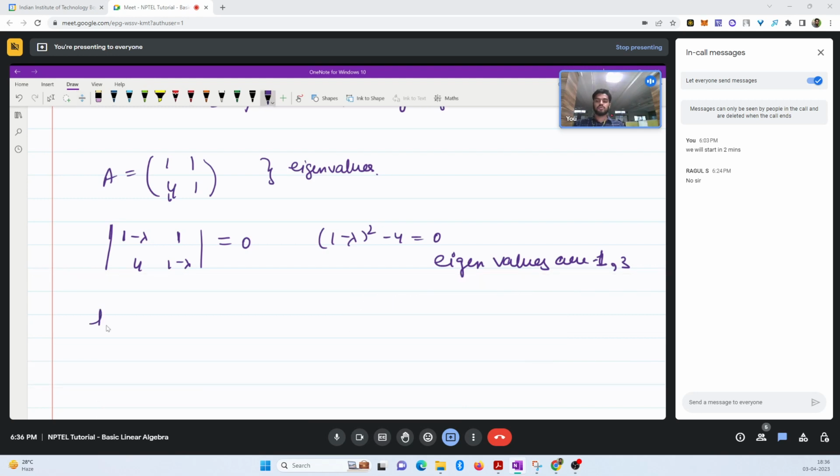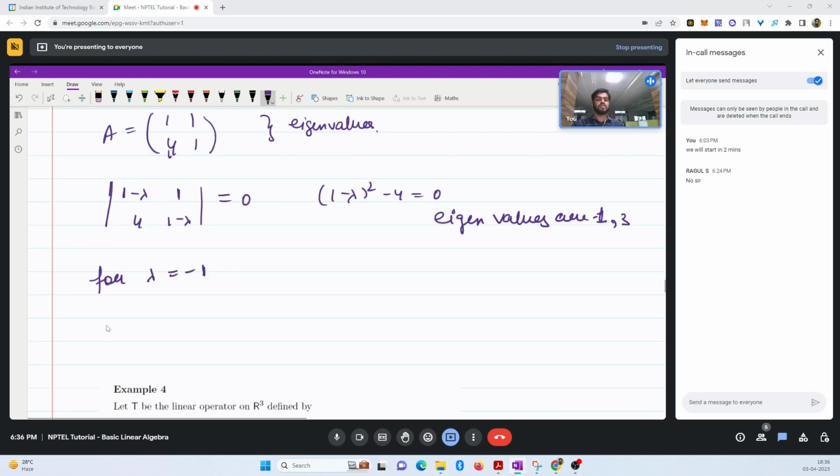So let's say we want to find the eigenvector for lambda equal to minus 1. We will get back to the property that it satisfies. It satisfies Av equal to lambda v. Or in other words, because this is a non-homogeneous equation, you can solve this also, but the simpler one is to solve A minus lambda I times v equal to 0.